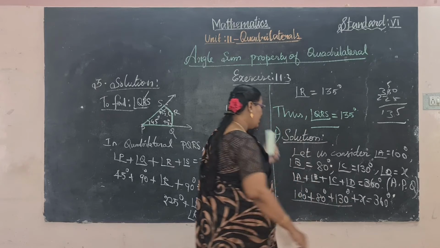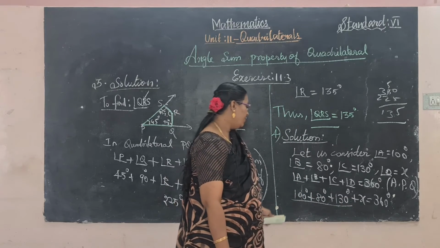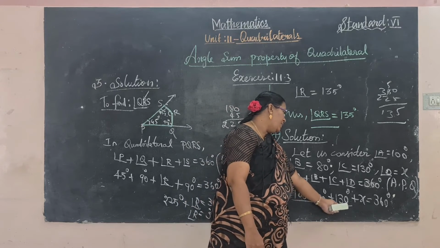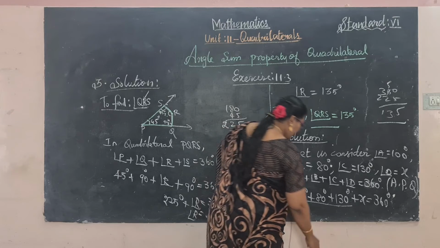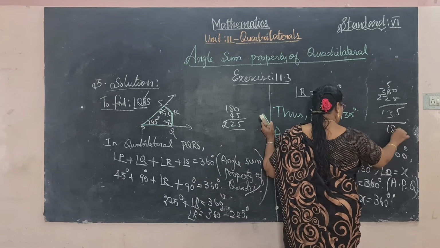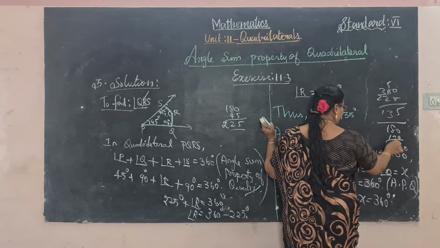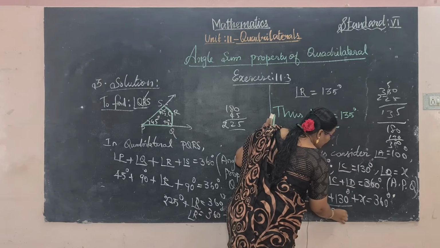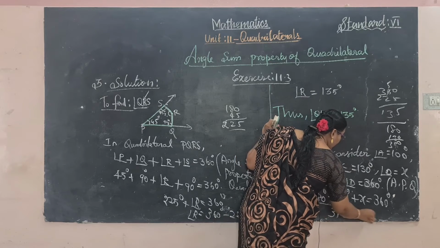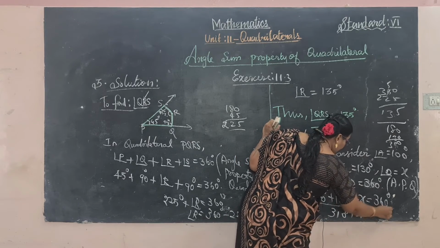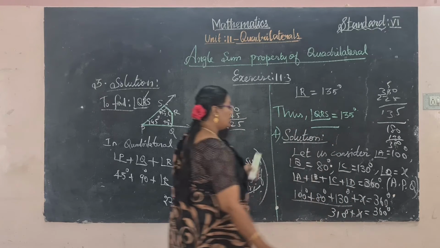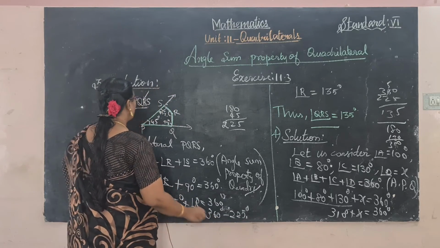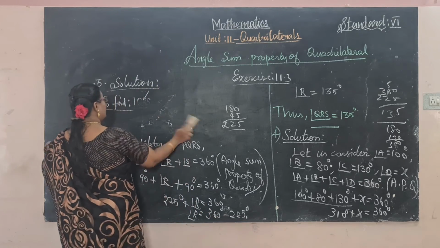Now add these three values. 100 plus 80, 180. 180 plus 130, what do we get? 310 plus x equal to 360 degree.